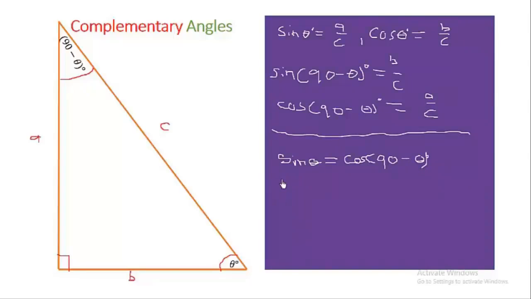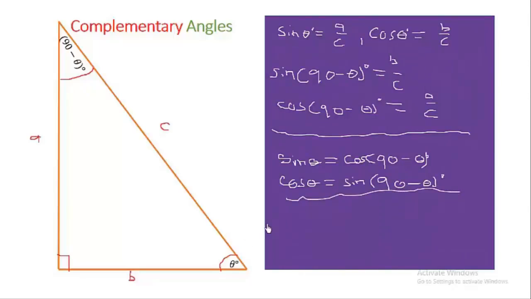Then cos theta is also equal to the sine of the complement of the given angle, 90 minus theta degrees.